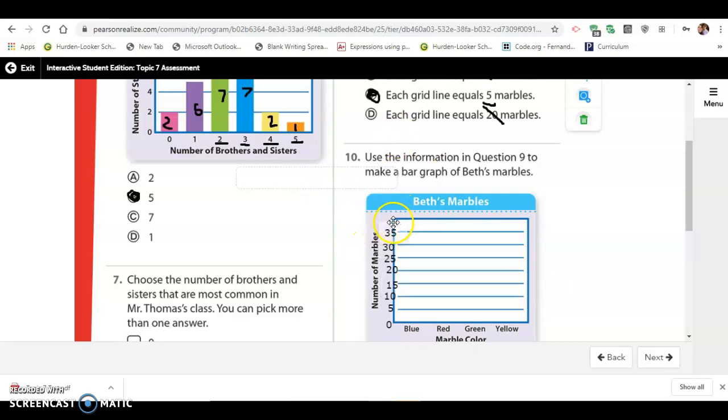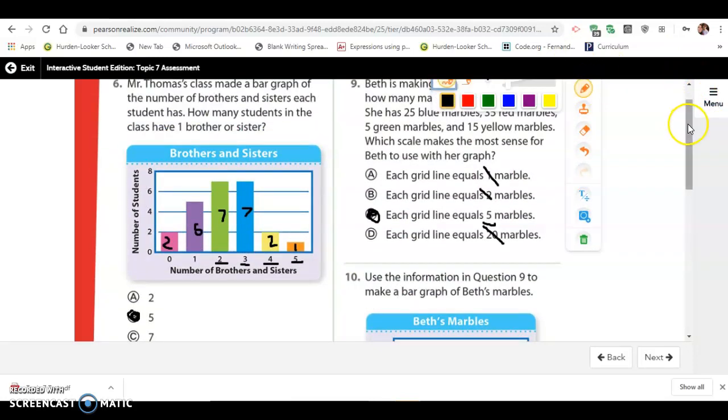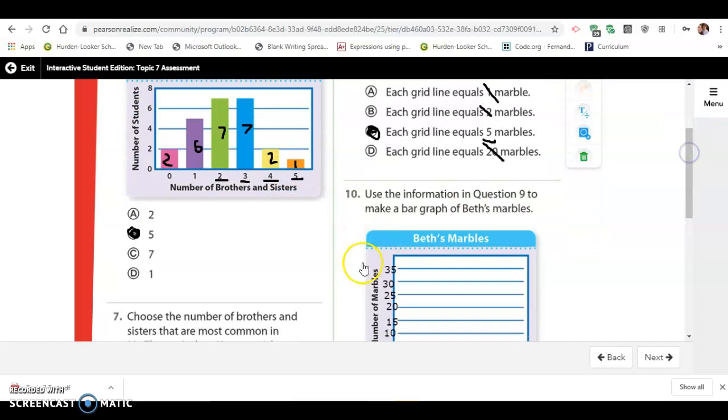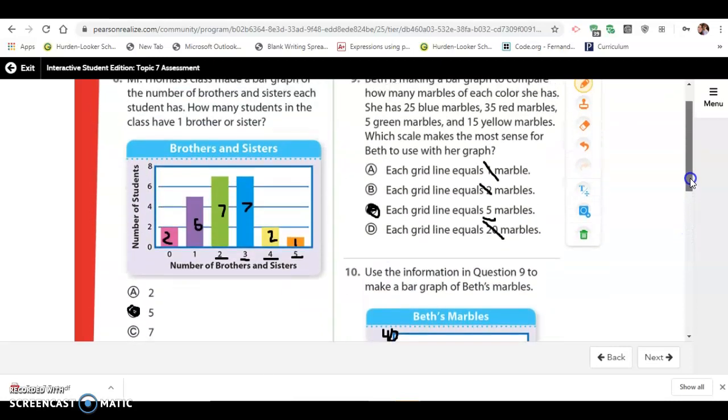And you can always do 40 up at the top also. I can click on my pencil and show you that you can also write them in. I can do 40, the last one. Perfect. So then blue, red, green, and yellow.